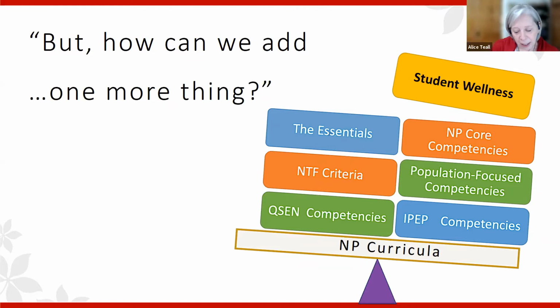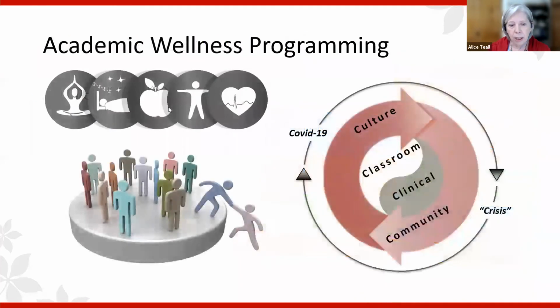So next slide, Kate. We use what we started calling a 4C model for integrating wellness programming across curricula. And by 4Cs, we look at, especially in nursing, because so many of our courses have clinical components or clinical skills, what is in the classroom and clinical.